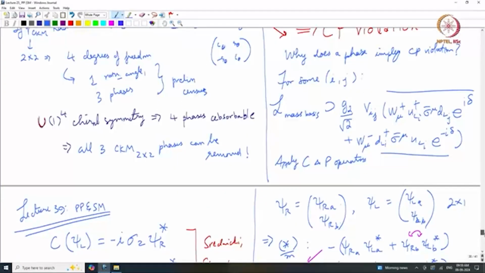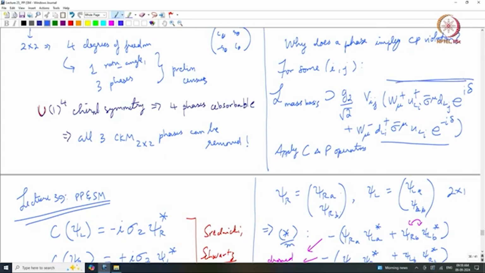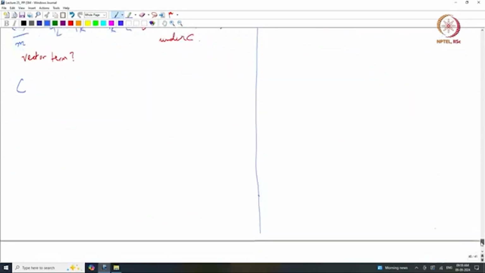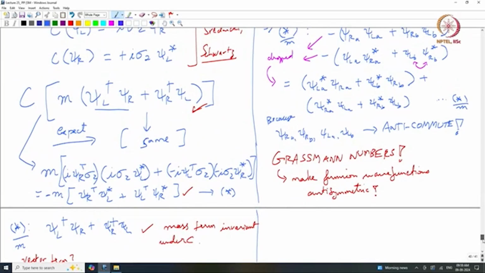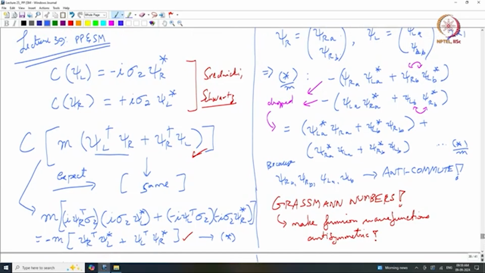Just to see how this goes, let me take just this first term and apply C on that, and I have W plus mu, UL dagger sigma bar mu DL e power I delta. Okay. And once again I am gonna use these transformations, this set.